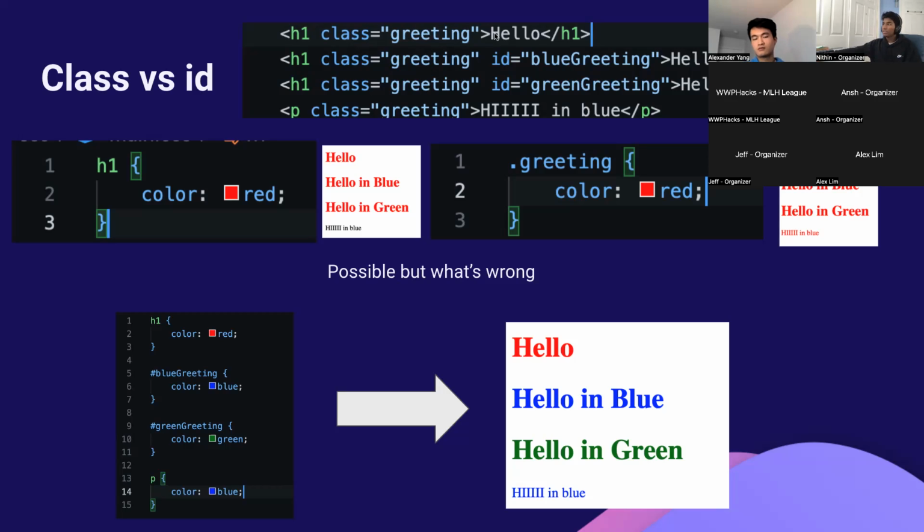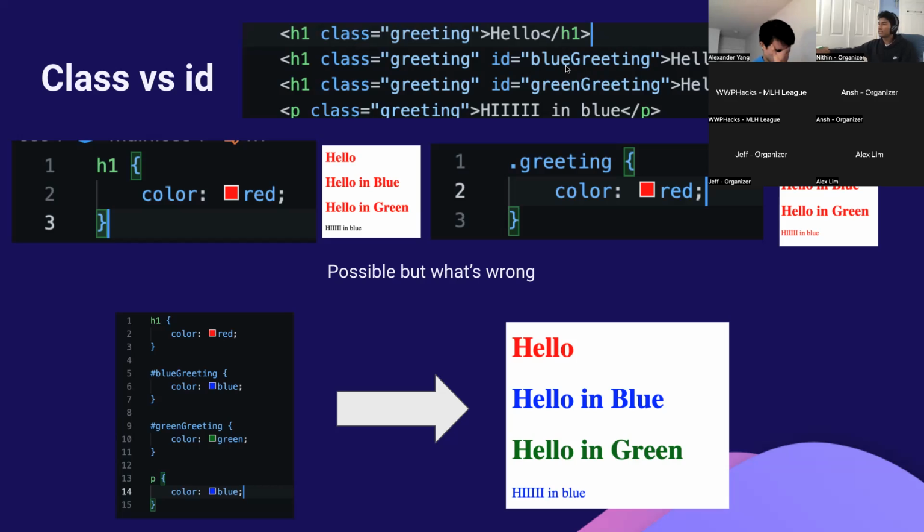And notice how all of these are greetings, right? So I can call these all under the same class. And this is a greeting too. But these IDs are very specific to their own tag. So I cannot call this hello in green with the ID blue greeting, because the blue greeting ID is already used over here in line 2.